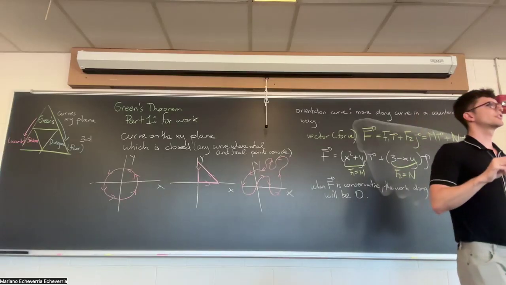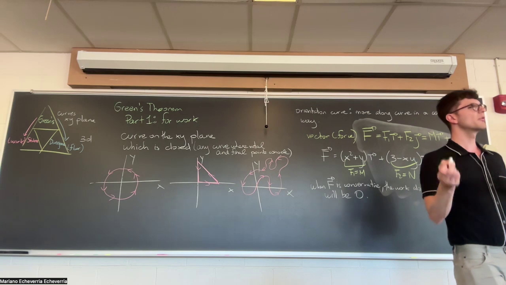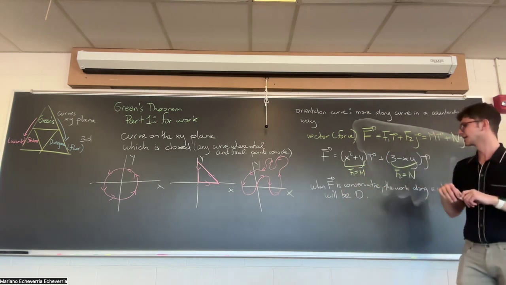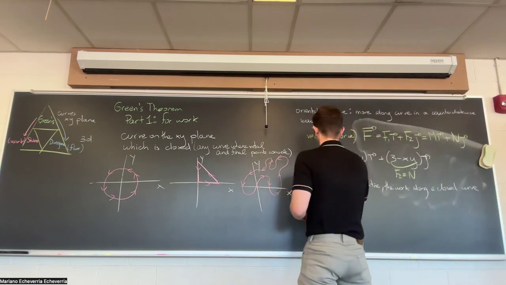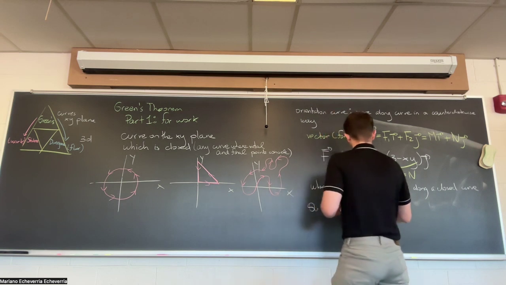What Green's theorem does is give you a formula for what the work will be in more generality. So here's the question: what if F is not conservative?